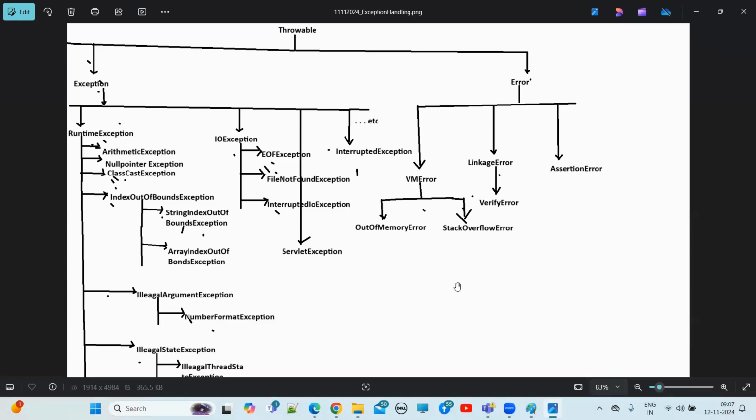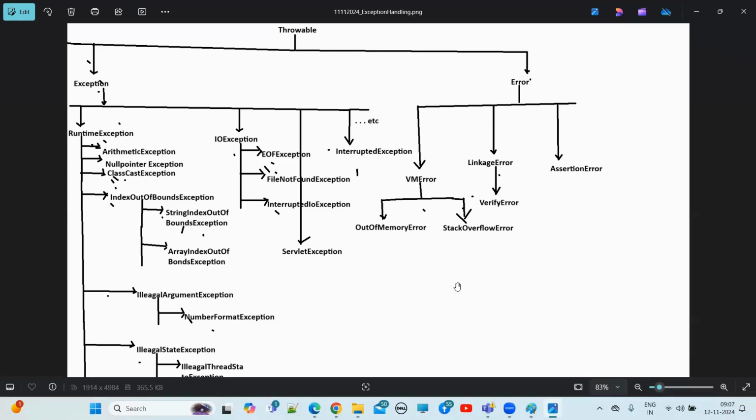Arithmetic exception, null pointer exception, class cast exception, index out of bounds exception, all these are unchecked exceptions. IO exception, end of file exception, file not found exception, interrupted exception, servlet exception, all these come under checked exceptions.